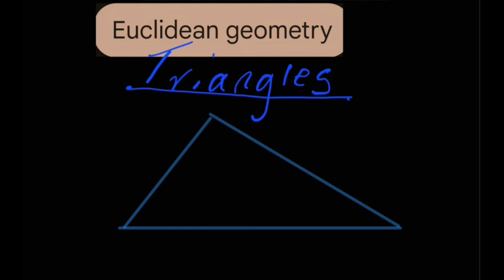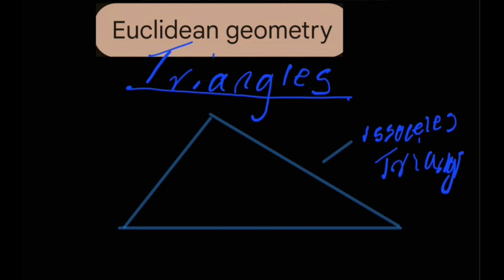So all the sides are different. Therefore, all the angles are different. So this type of triangle here is what we call an isosceles triangle. Pardon my spelling. Isosceles triangle. So this type of triangle is a triangle where all the sides are different. You have different sides throughout.